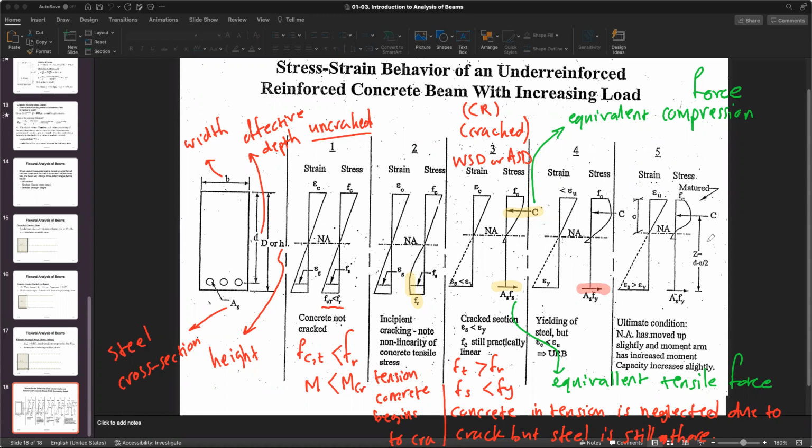Then on the next one, you're gonna yield also and reach the crushing of the concrete on top. So this is usually how it goes. You are cracking, then you move to yield the steel, then you're gonna move up to crush the concrete on top. So I'm just gonna simply write on top of that, yielding the steel.